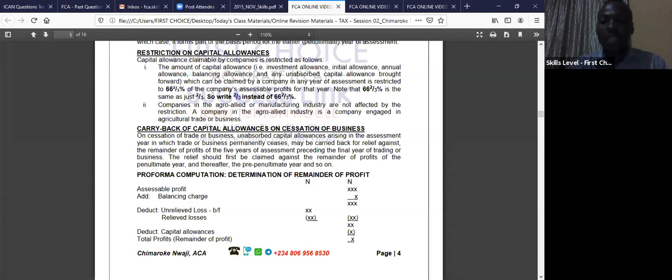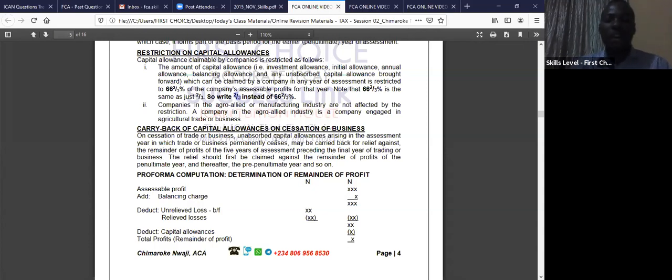These two things mean the same thing. When you simplify 66 2/3% to the lowest term, you will get your answer as 2/3. So just simply write 2/3, not to get complicated. We don't need to prove that.